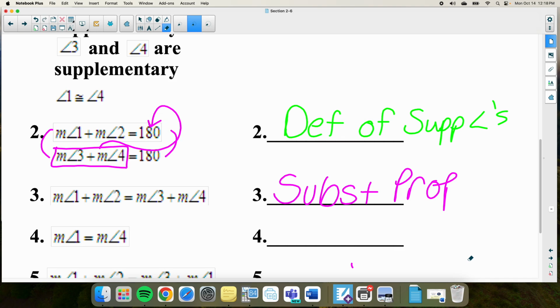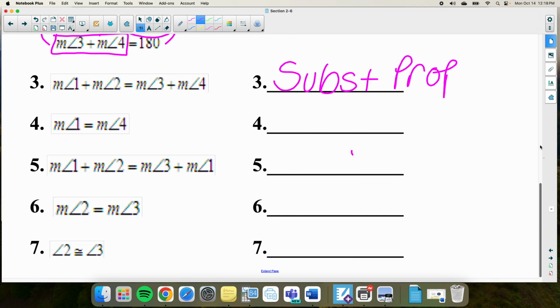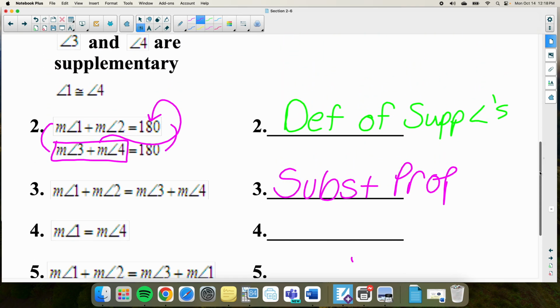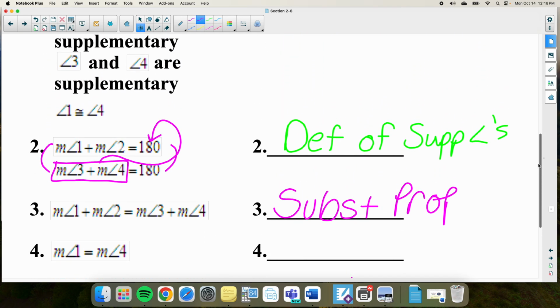Now, honestly, if I was doing this, I would have done step 4 right after step 1, okay? Because you guys right now would probably look at this and think, how did they get from here to here? And you can't really see how that is.